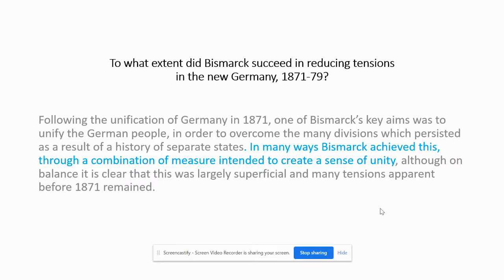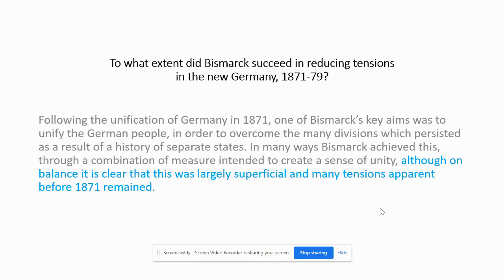And then they go on to both introduce their answer and the counterpoint together: although on balance, it is clear that this was largely superficial. So they're saying they don't think that change did really happen. It was largely superficial, and many tensions apparent before 1871 remained. So that's the other side, the continuity of those tensions that had been there before 1871.